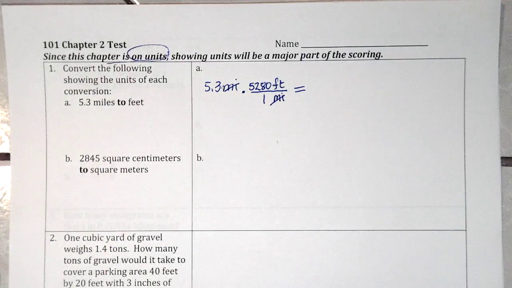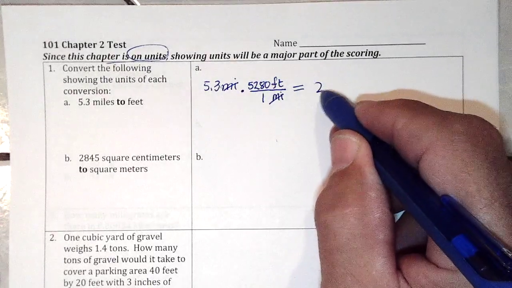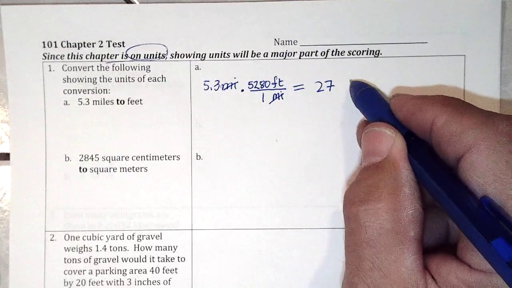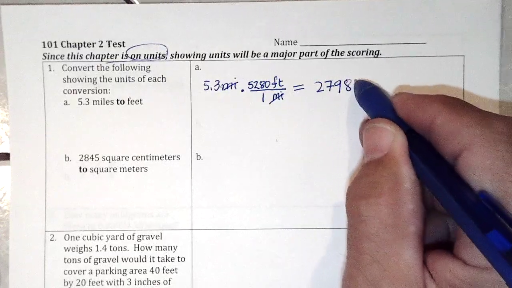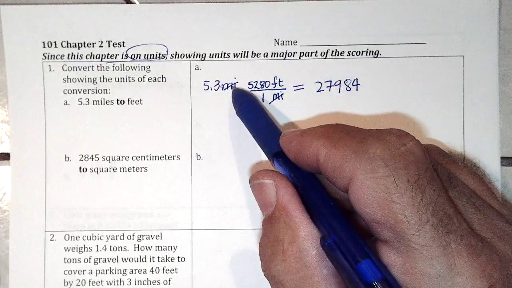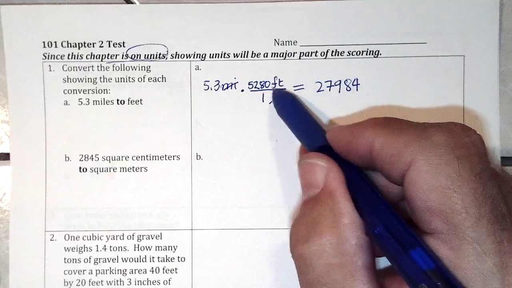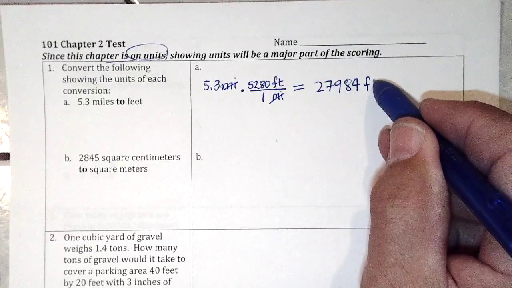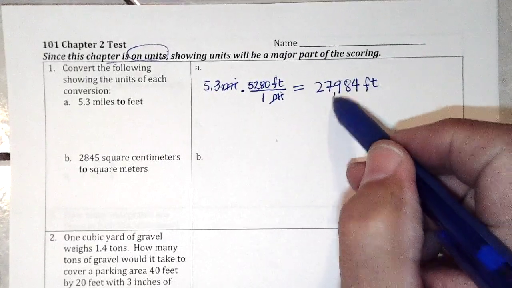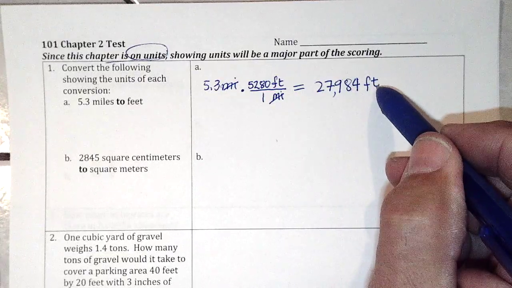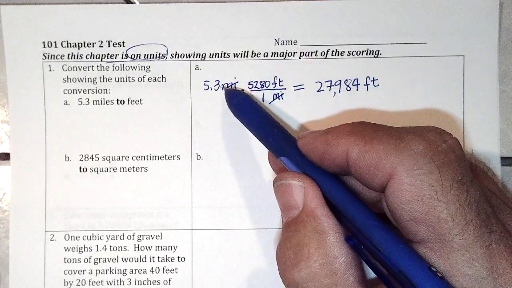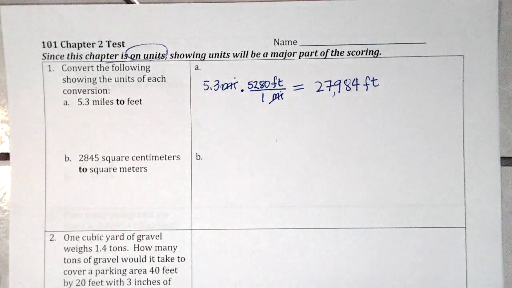Over here. Comes out to be, sorry for the hold up here, 27,984, and the miles have canceled out, and the only unit left is feet. So there's 27,984 feet in 5.3 miles.